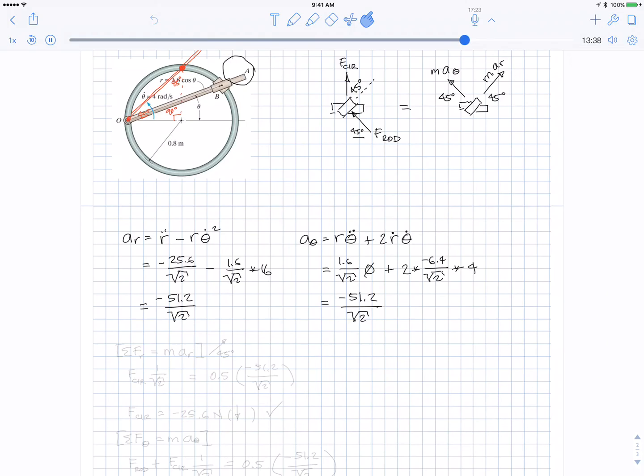So if you look at the forces, the rod is in the theta direction, and the circle has a component in the theta and the r direction. So the circle force is the only one that has a component in the r direction. That tells me it would be easier to do the r direction first because there will be only one unknown. It doesn't really matter if you figured that out, but it just makes it easier.